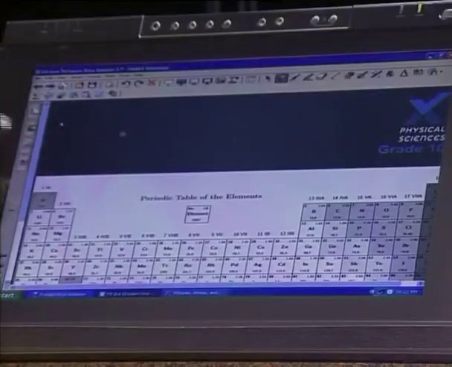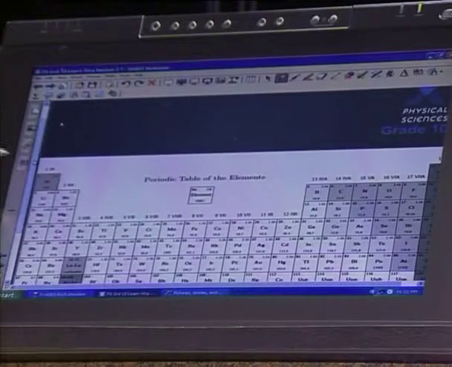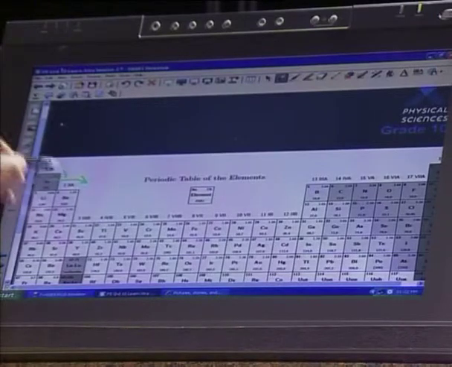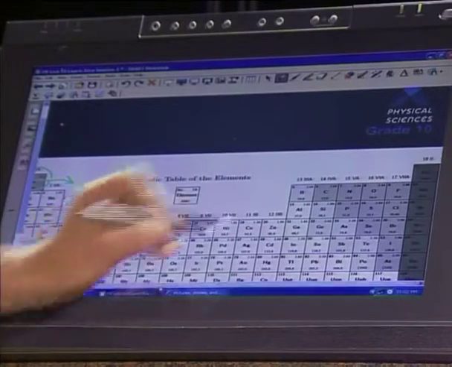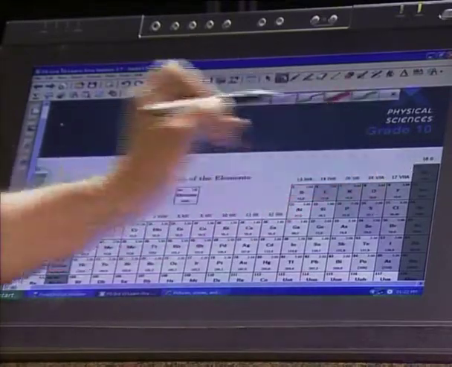Now, there's an interesting idea. How are we going to remember it? Well, guess what? Let's look at the periodic table, and we can start to recognize some things here. So I'm just going to pull up the periodic table again and have a look here. What do you notice about the number of elements in this first period? Period 1 has hydrogen, and if we move the line across there, we get helium. So how many elements have we got?